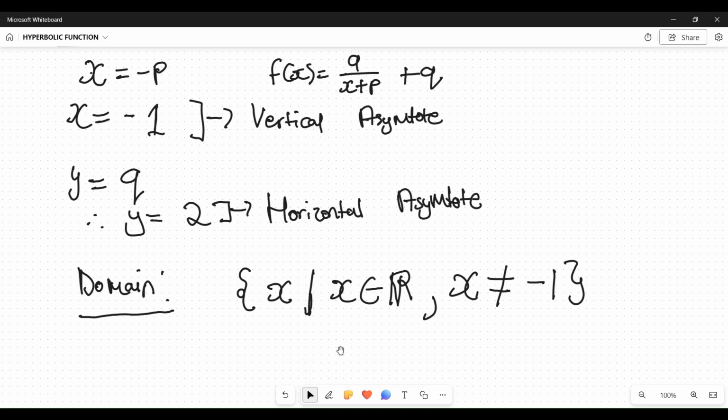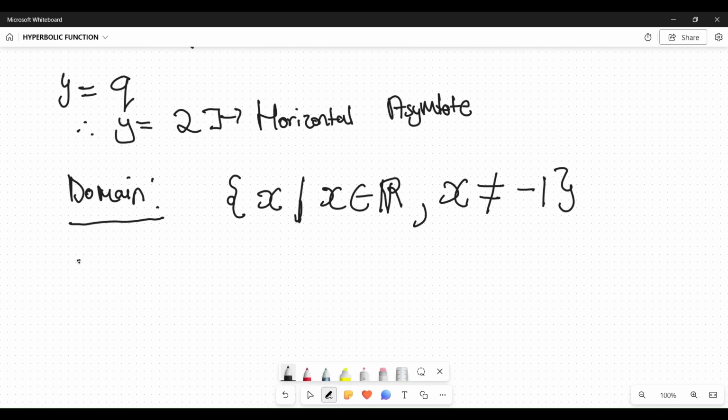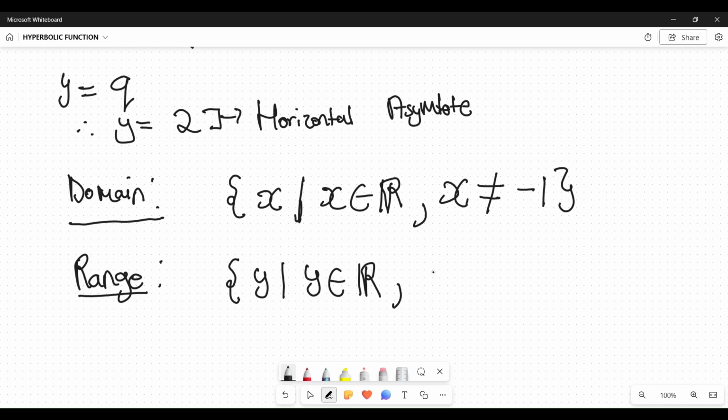Now what about the range? The range is similar to the domain. The range for the hyperbolic function will be the set of y values where y is an element of the real numbers and y is not equal to positive 2.